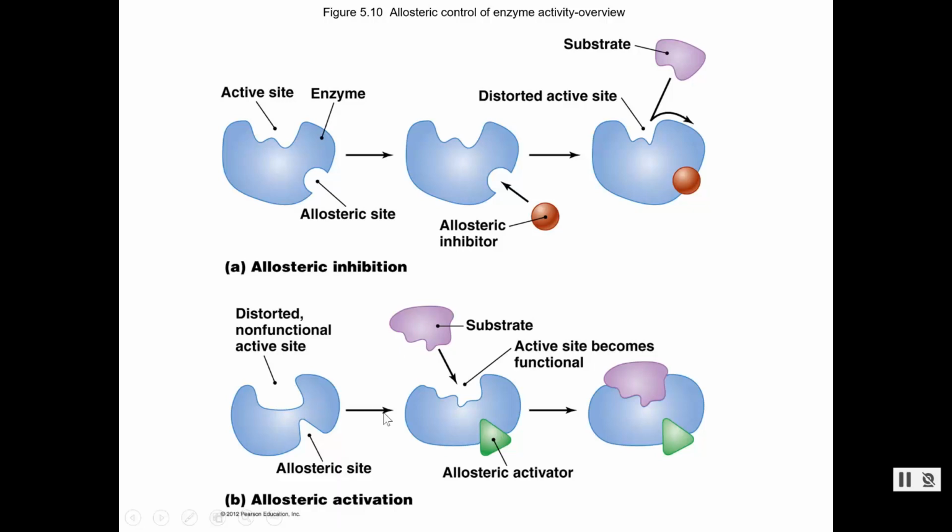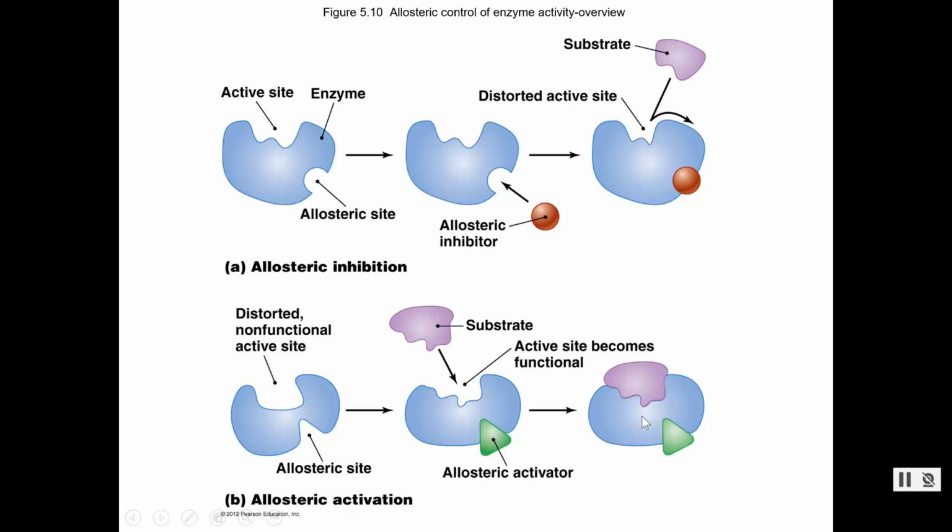And in this case, you can have an allosteric activator. Allosteric, because it's going to bind somewhere other than the active site. And in this case, it's classified as an activator because when it binds, the active site changes shape and now it becomes functional. Now it's going to fit the substrate. So when the allosteric activator is bound, I get a fully functional enzyme.